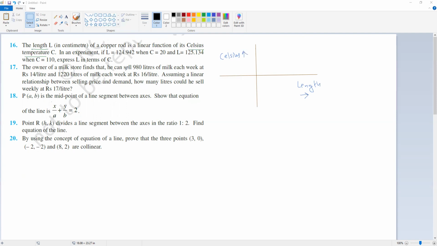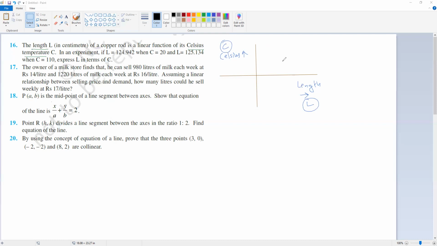In an experiment, if L is equal to 124.942 when C is equal to 20, that means C comes here, length comes here. So when C is equal to 20, L is equal to 124.942.